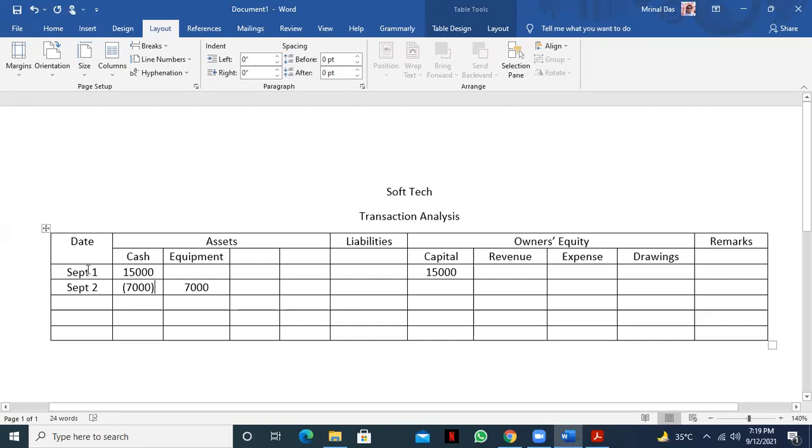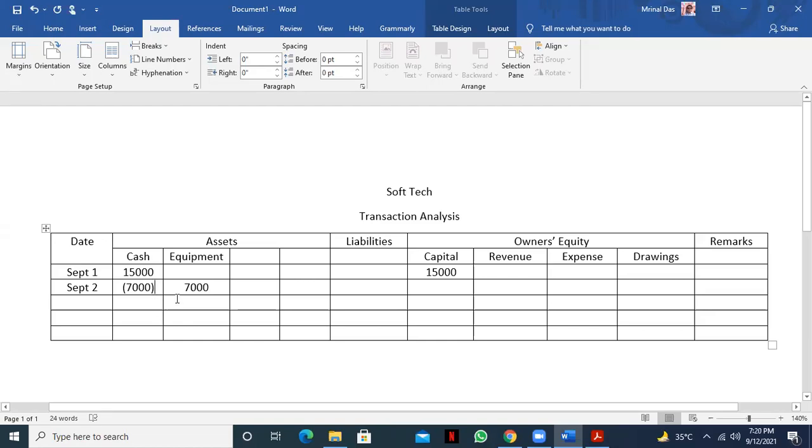So here you see, in the first transaction, 15,000 plus on the asset side, 15,000 plus on the owner's equity side, the equation is equal. Now in the second transaction, 7,000 plus, 7,000 minus.